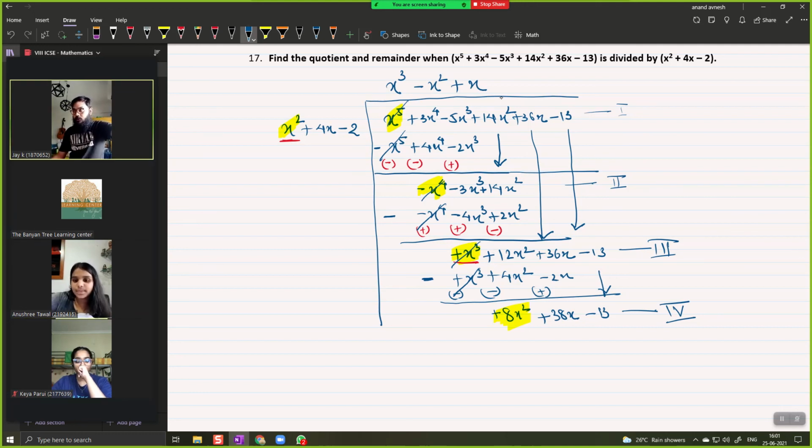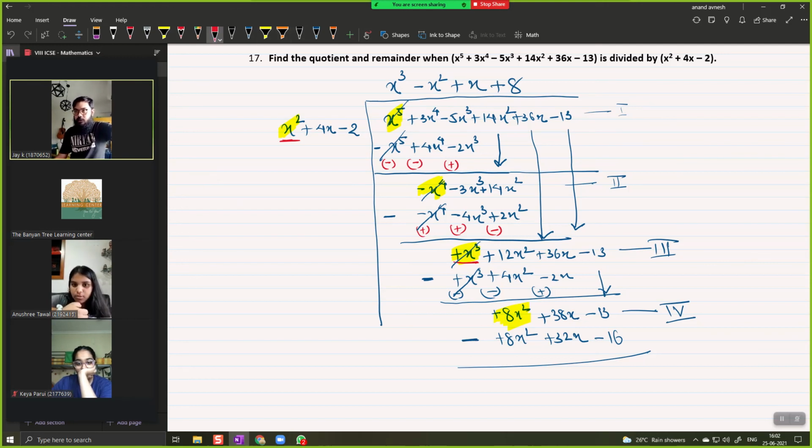Sir, plus 8. Plus 8 into x square is plus 8x square. Plus 8 into plus 4x is plus 32x. Plus 8 into minus 2 is minus 16. We'll put a line over here. Minus sign. Due to this minus sign, all the signs will change.